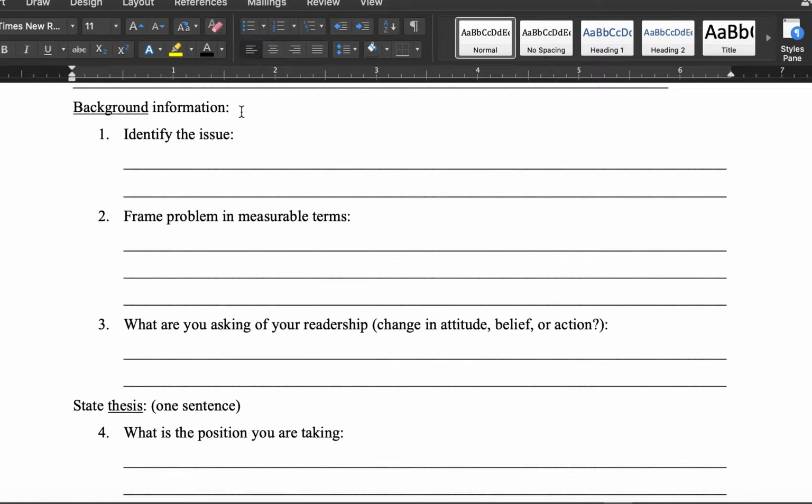In terms of background information, this is the type of information that your reader will need to understand before they can comprehend your thesis and the direction you're taking your paper. So an obvious one here is to identify the issue that you're writing about. If you want to write about immigration policy, then you need to explain what the problem is with immigration policy.